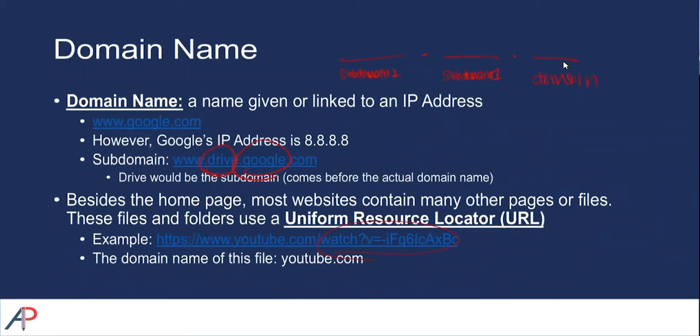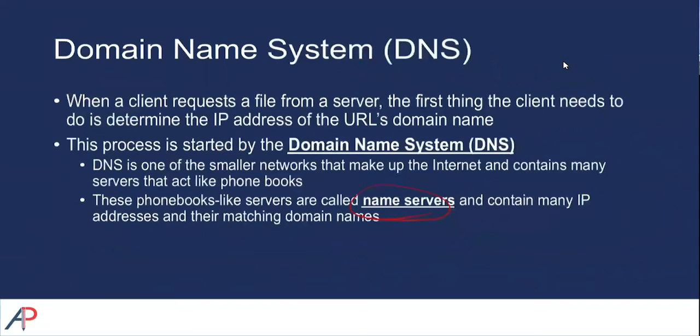In order to access a specific web page, you also need to know the IP address for this web page. What DNS will do is look up the IP address using the domain name. This entire process is started by DNS.